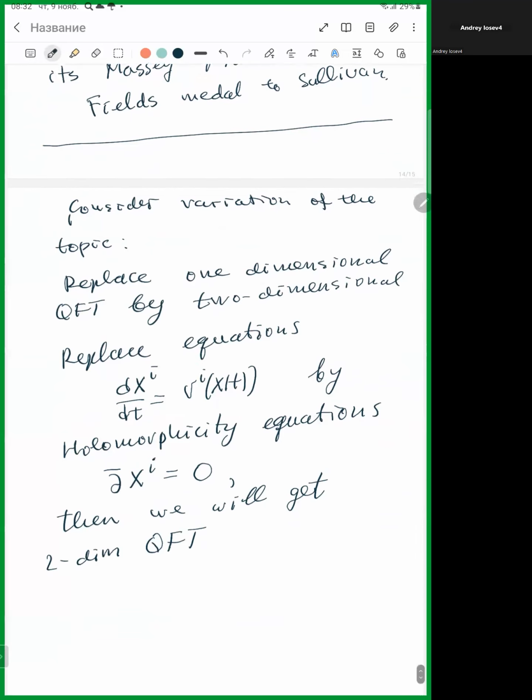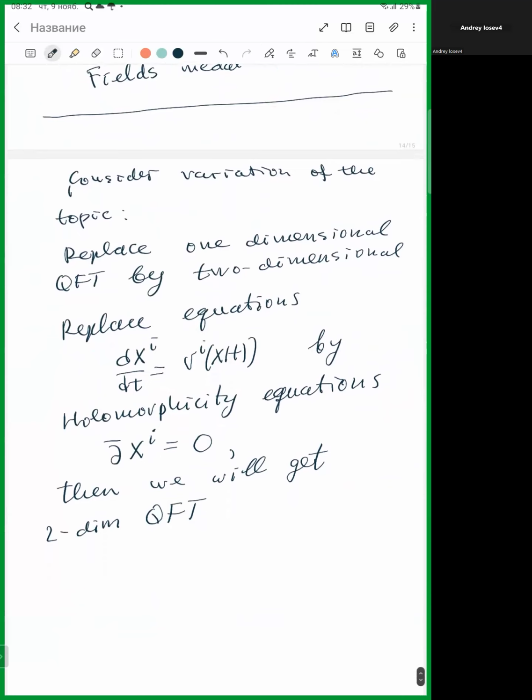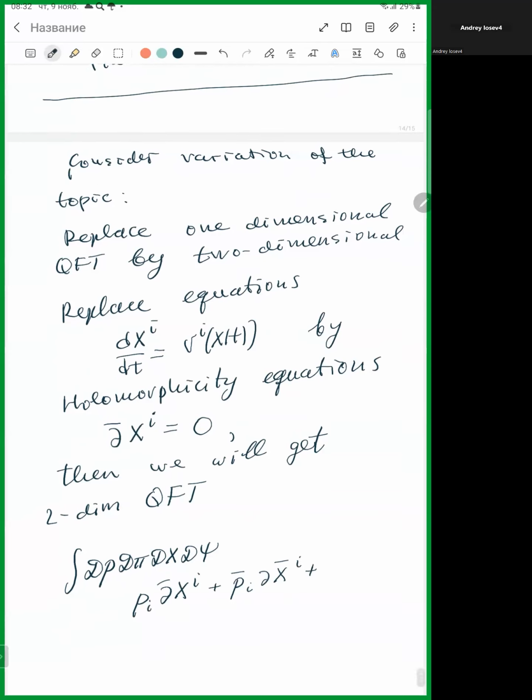In the same style, we will get functional integral of, I write it symbolically.